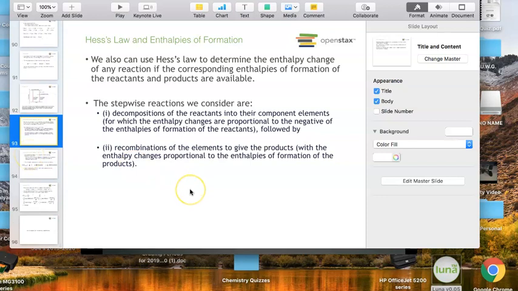Hess's law and enthalpy of formation: we can also use Hess's law to determine the enthalpy change for any reaction, given the corresponding enthalpies of formation of the reactants and products. The stepwise reactions we will consider are the decomposition of the reactants into their component elements, for which the enthalpy changes are proportional to the negative of the enthalpy of formation of the reactants, followed by recombination of the elements to give the products, with enthalpy changes proportional to the enthalpy of formation of the products.